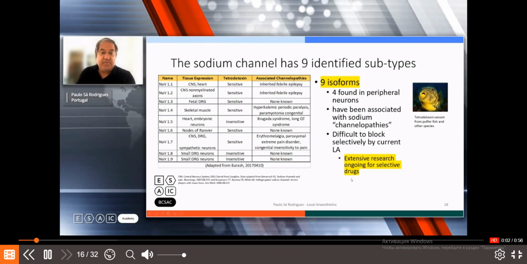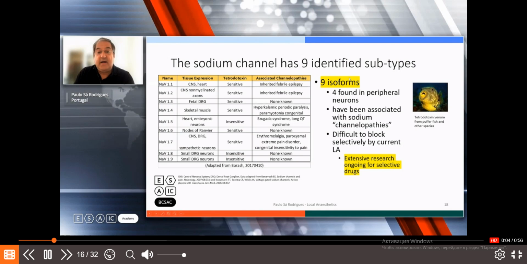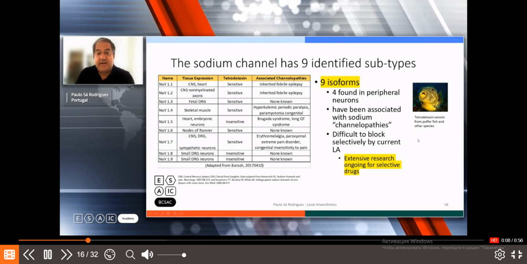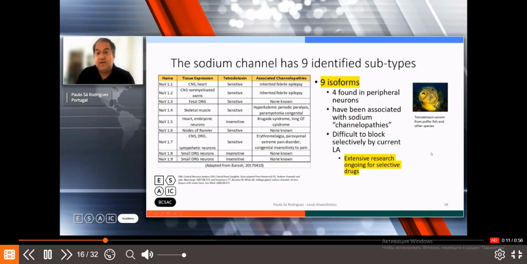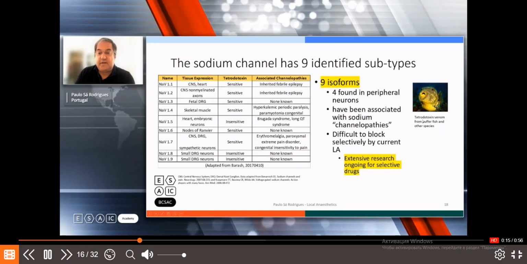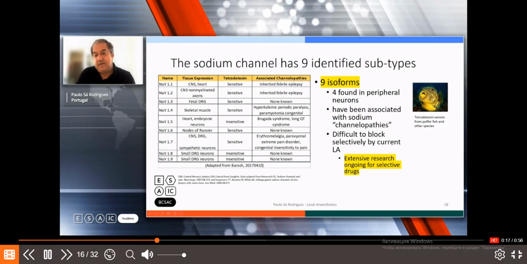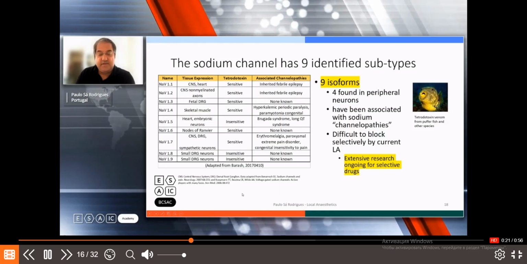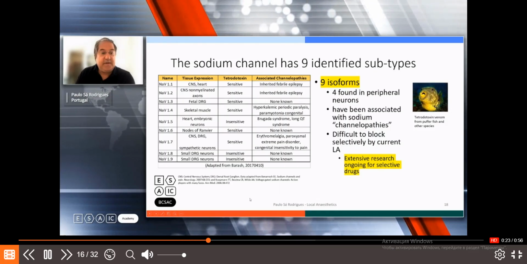This sodium channel has 9 identified subtypes, and these can be classified according to their sensitivity to the venom from the pufferfish, tetrodotoxin, found in this fish and other marine species.